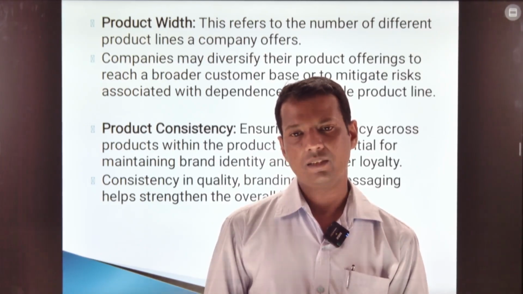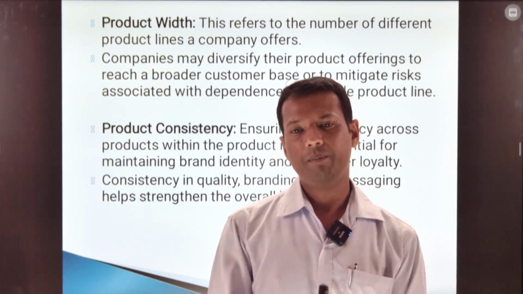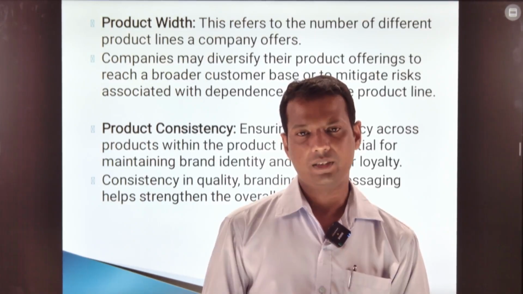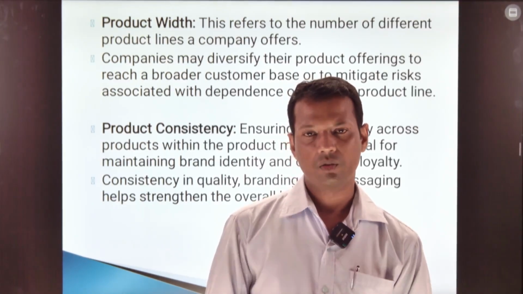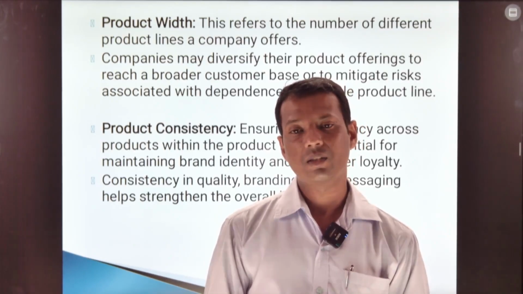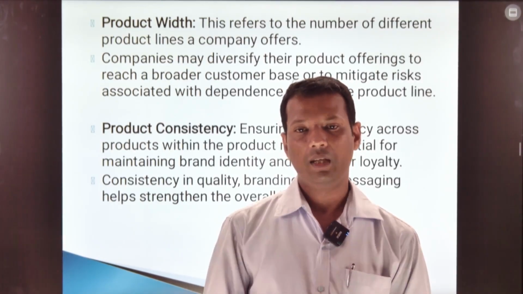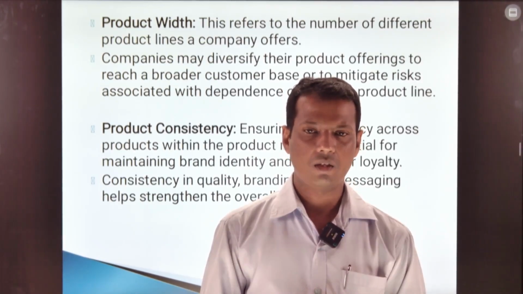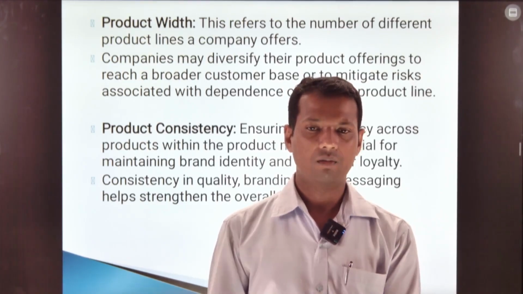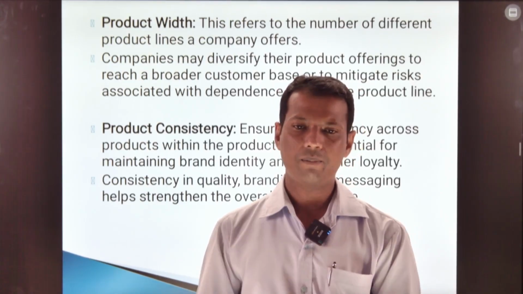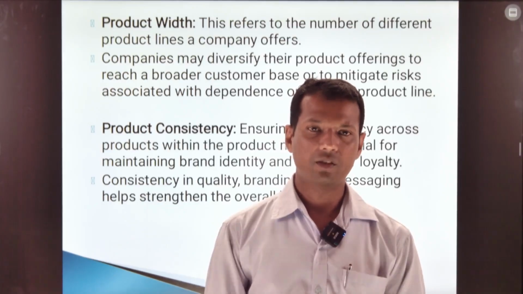They mitigate or minimize the risk which is there in a single product line. If a customer doesn't like a particular product, they have an option to choose a different product in case of product width.